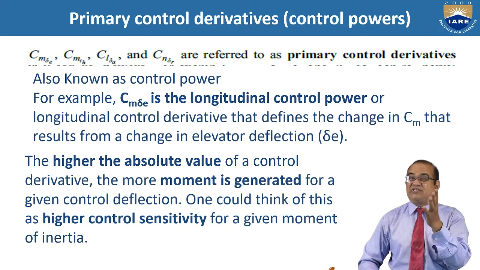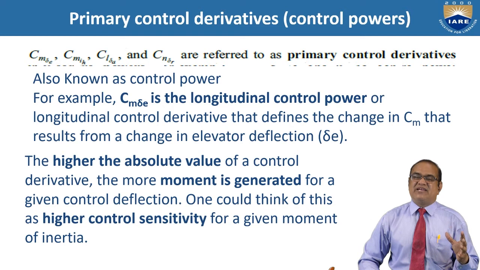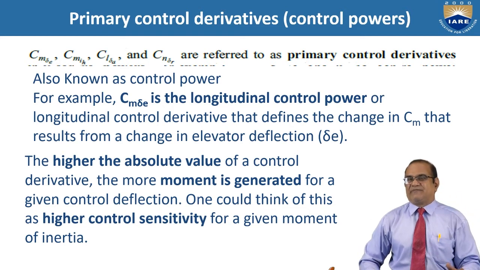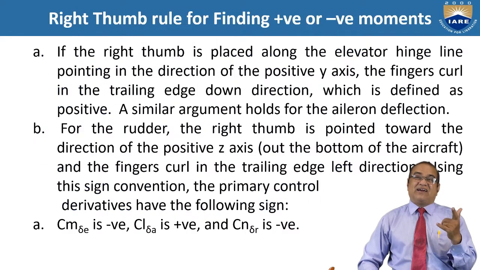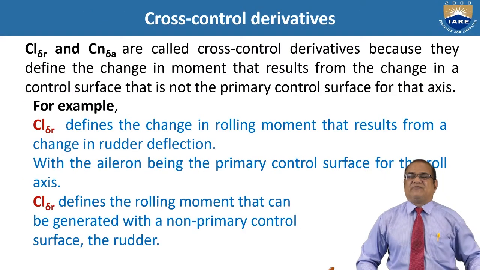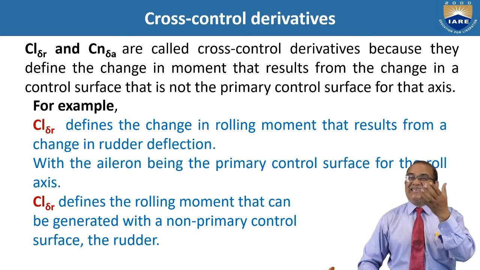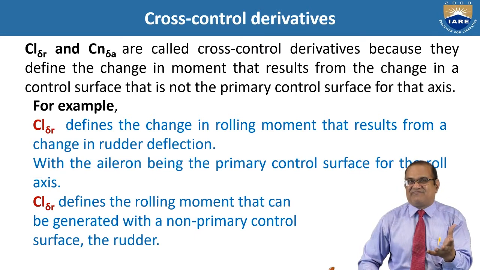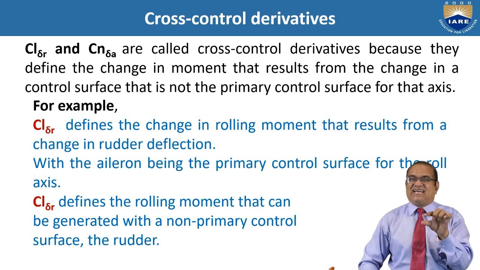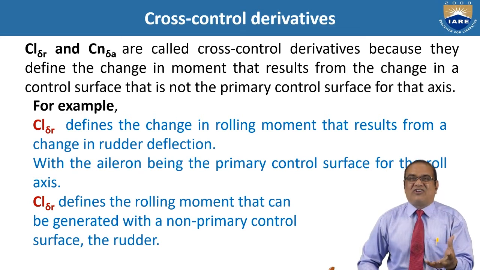Now CL delta A, this rolling moment, is happening with the aileron. Here Cn delta R is happening due to the rudder deflection. But when we talk about the cross control derivative, you see here CL delta R is a coefficient of rolling moment due to the deflection of the rudder, and Cn delta A is a coefficient of yawing moment due to the aileron deflection.